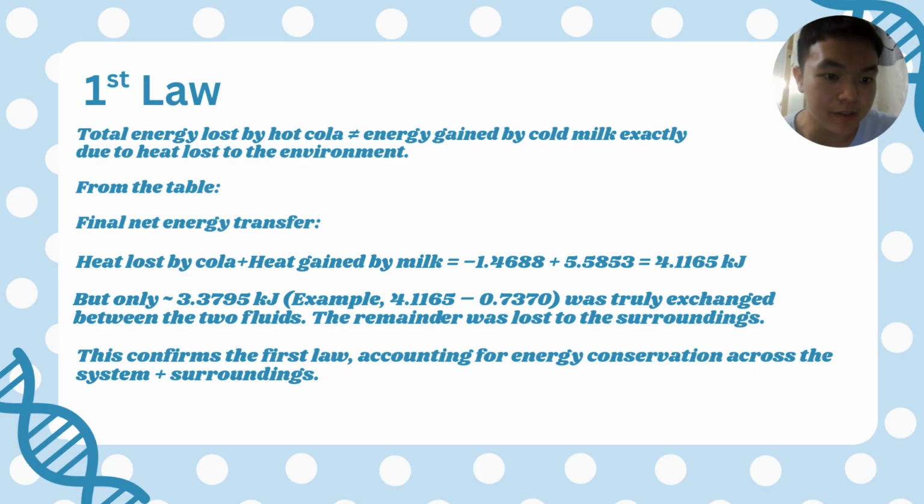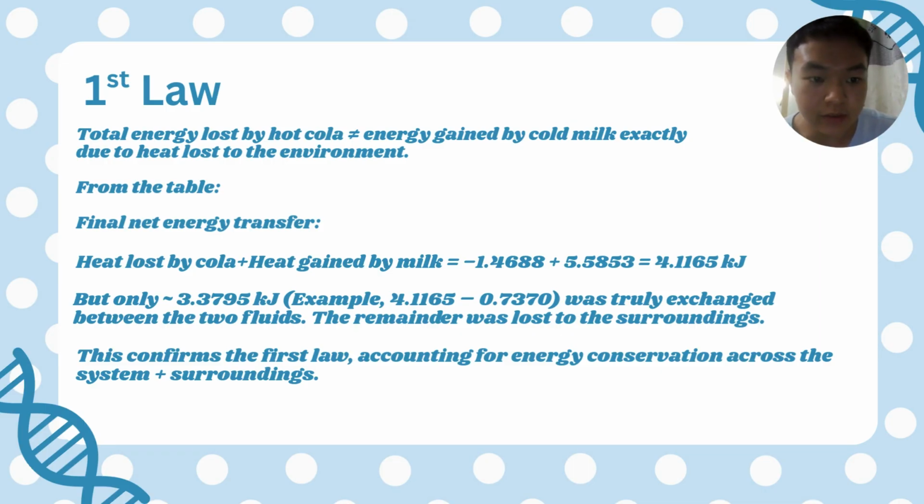From the table, the final net energy transfer, where heat lost by cola plus heat gained by milk, is negative 1.4688 plus 5.5853, which equals 4.1165 kilojoules, as shown in the previous slide.